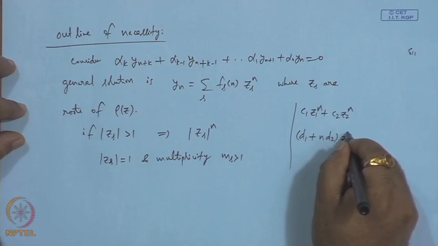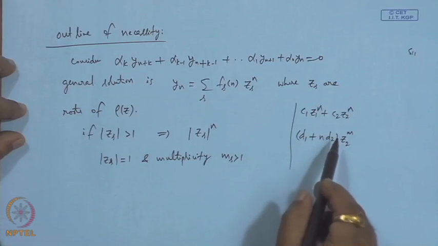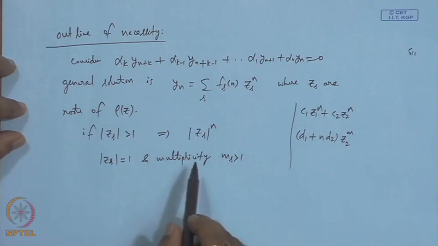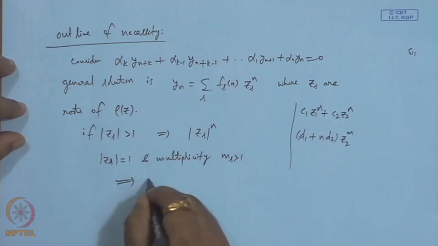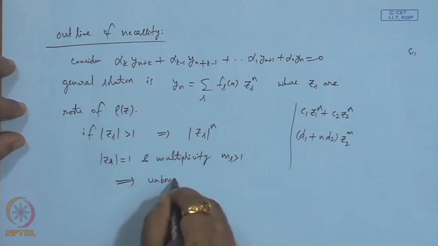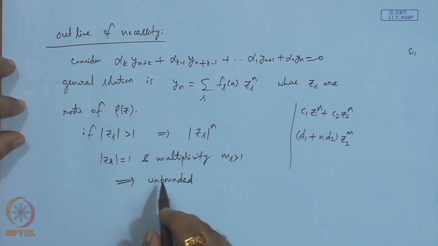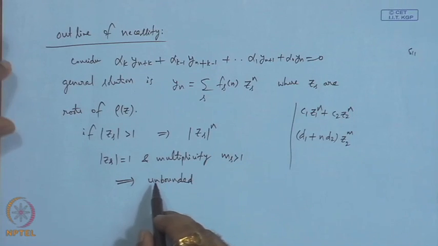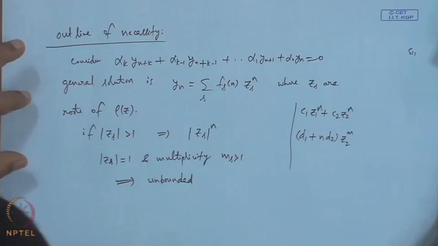So, in these cases there is a chance that it leads to unboundedness. This is just an outline of the necessity, why the root condition is really necessary.